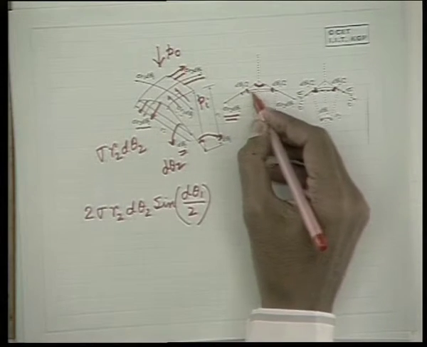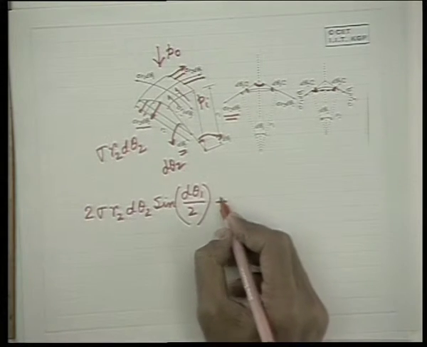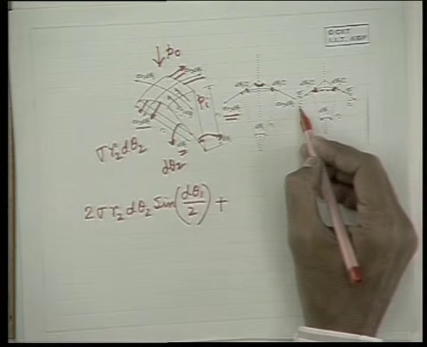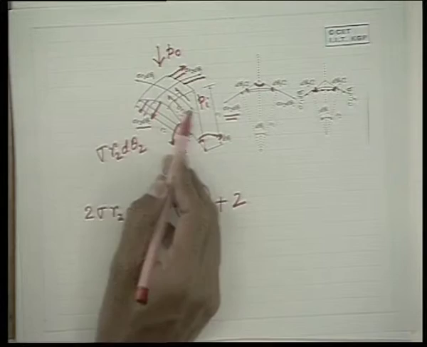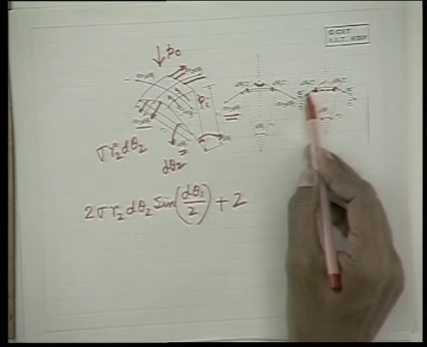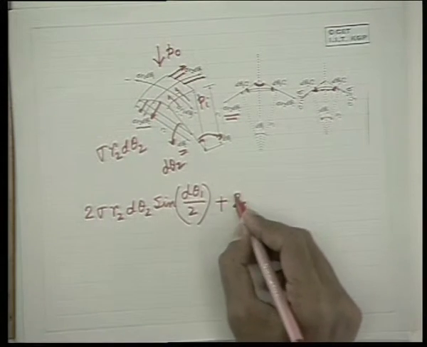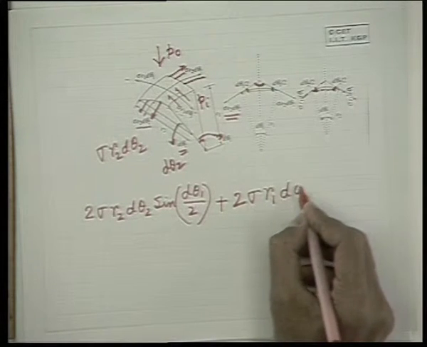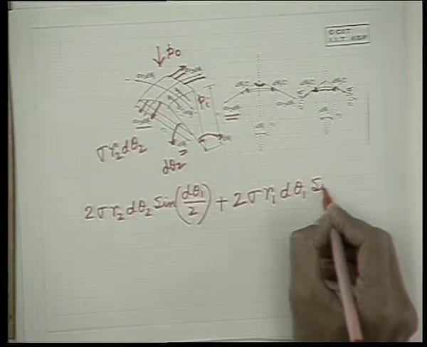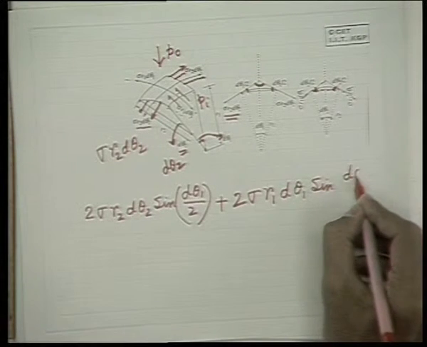This is the sine component in the vertical direction. Similarly, the force component due to sigma r1 d theta 1 on both sides, this side and this side, is twice sigma r1 d theta 1 sine d theta 2 by 2.